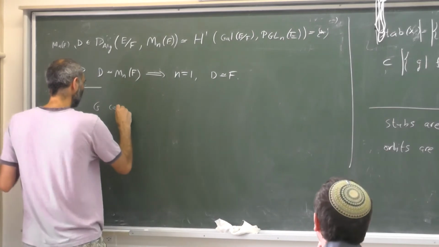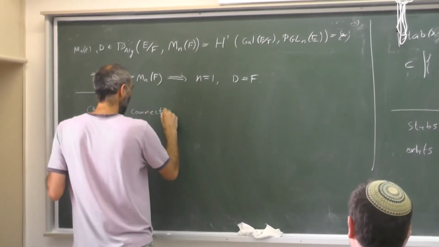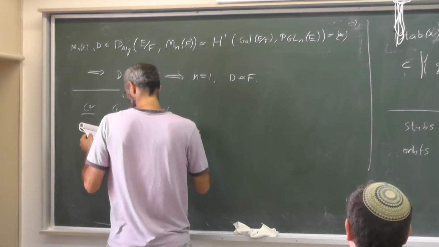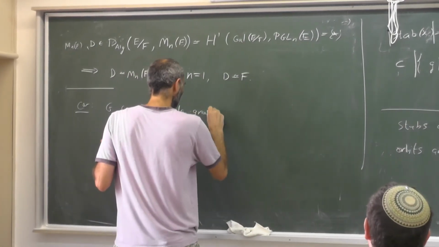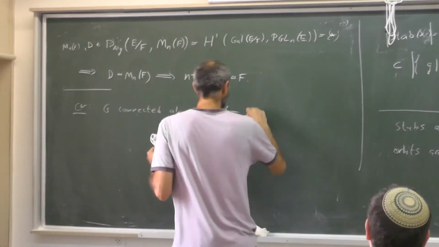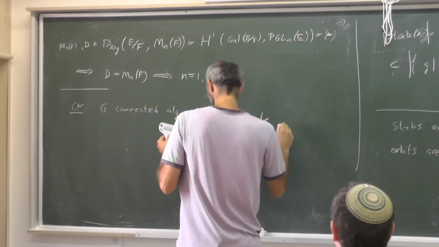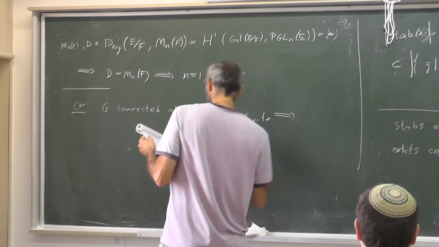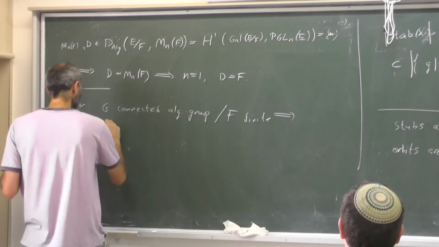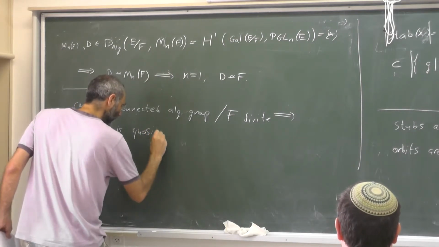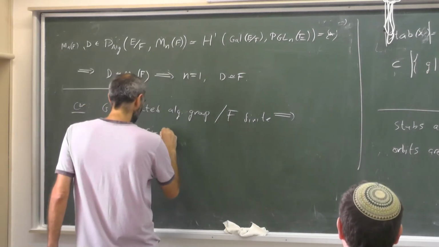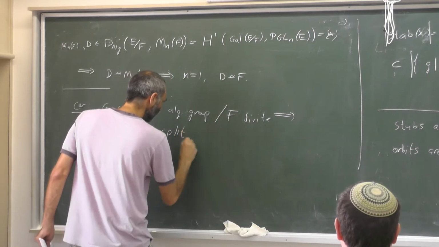So G connected algebraic group over F finite implies G is quasi-split. I haven't defined it yet, I will define it.